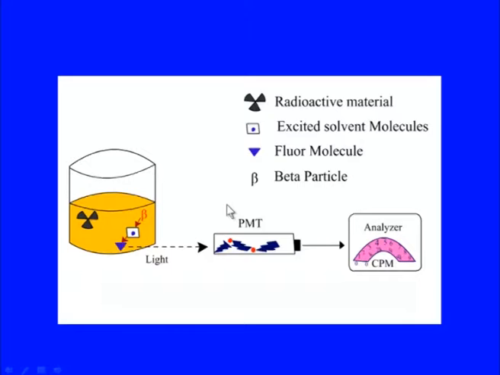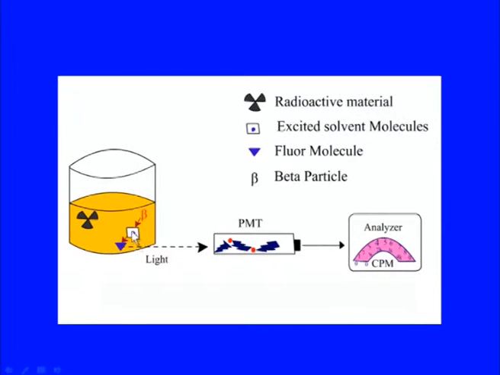The whole thing is explained quite well by this diagram. Here there is a sample containing radioactive material or radioisotope. A beta particle is emitted, and this beta particle will excite the solvent molecule.